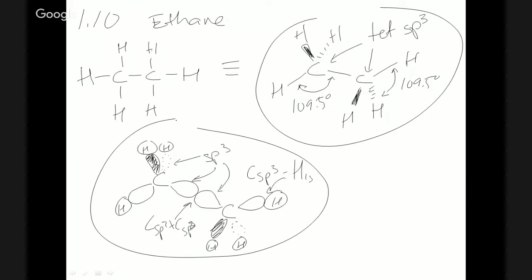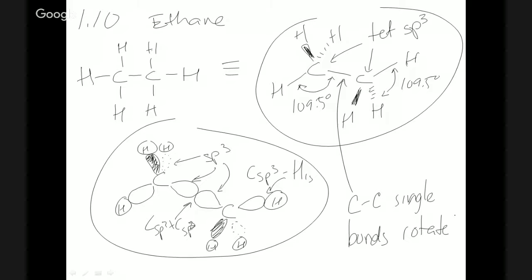A very important point here is that carbon-carbon single bonds can rotate, like an axle of two wheels. Think of the carbons as wheels. The wheels can spin on that axle.